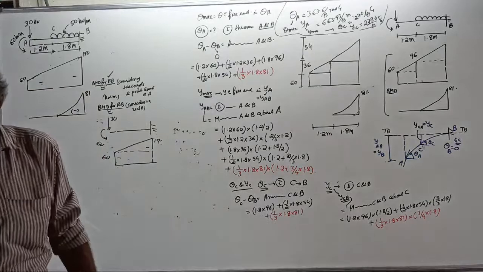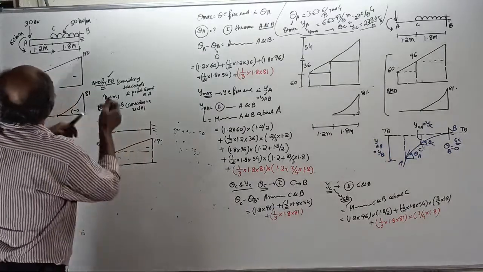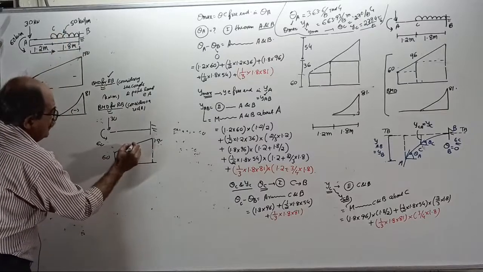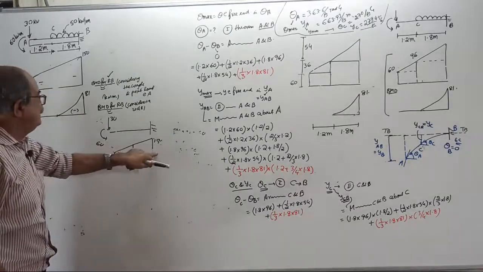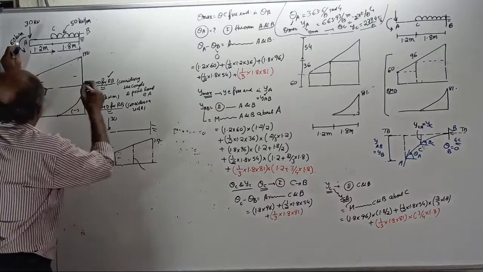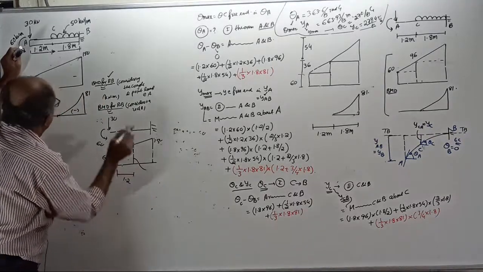But later we want slope and deflection at C also. At that time we want this side once again. What to do? Tell the bending moment at a distance of 1.2 meter.